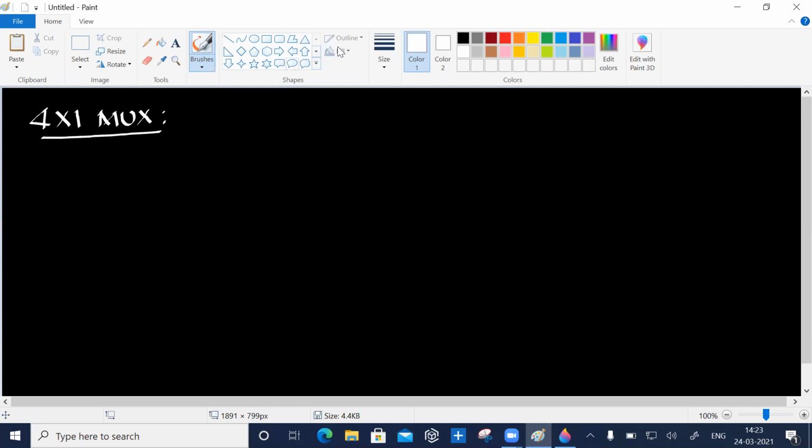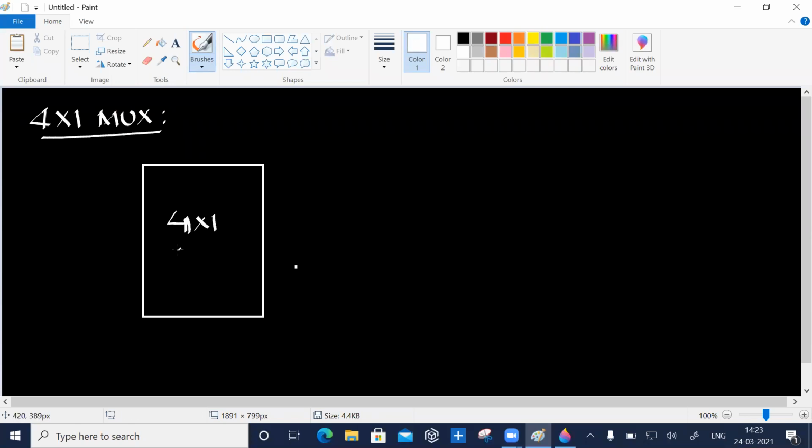This is my 4 by 1 mux. How many inputs am I going to have now? 4.